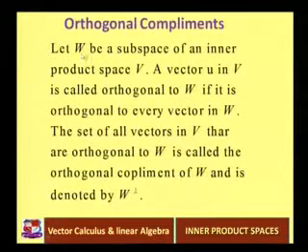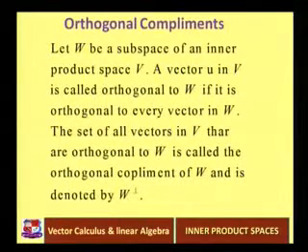Let W be any subspace of an inner product space V. A vector u in V is called orthogonal to W if it is orthogonal to every vector in W. That means if W is any subspace in V and u is a vector in V, then u is said to be orthogonal to W if u is orthogonal to each and every vector in W.